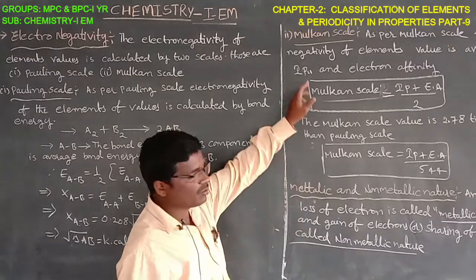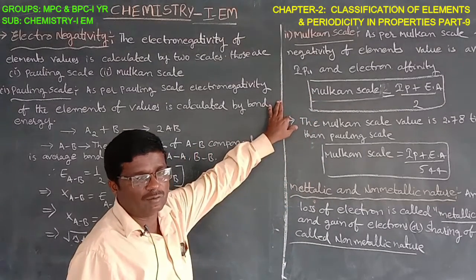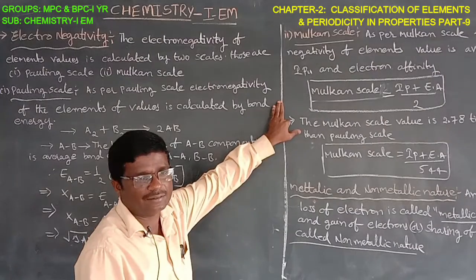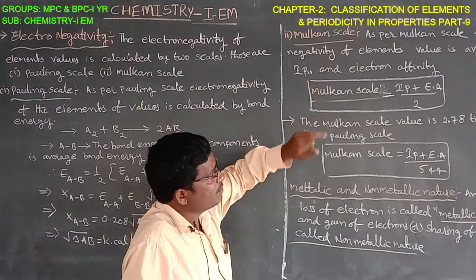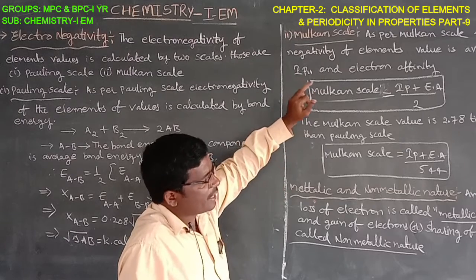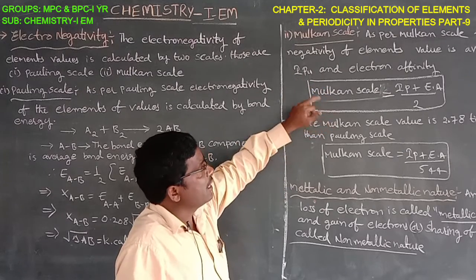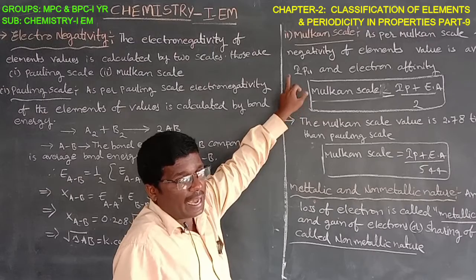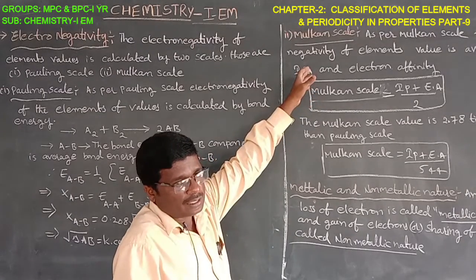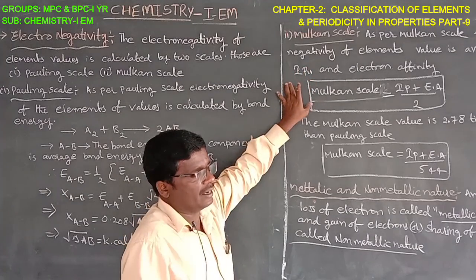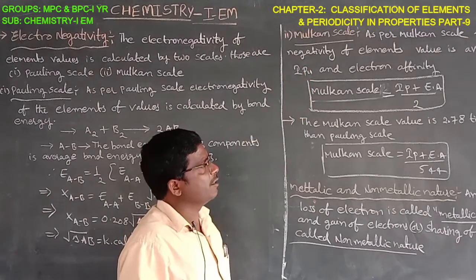And the second one is the Mulliken scale. As per the Mulliken scale, the electronegativity of the elements is the average value of electron affinity and ionization potential, or ionization enthalpy.